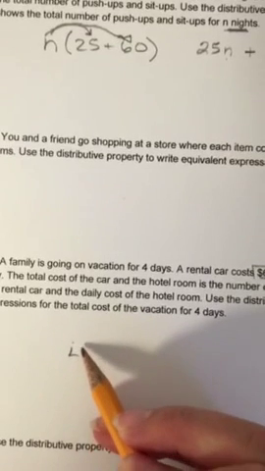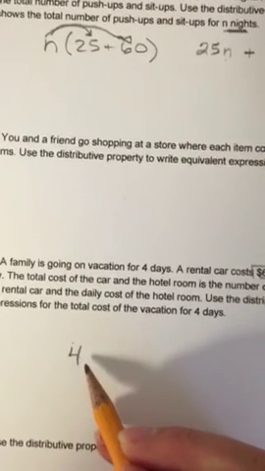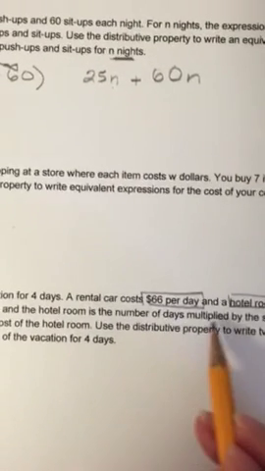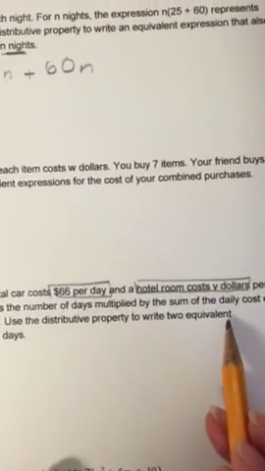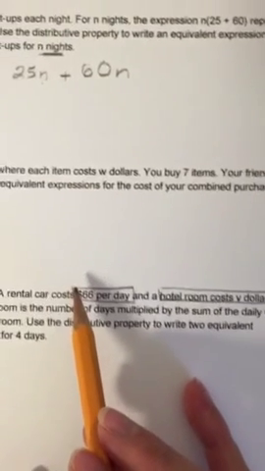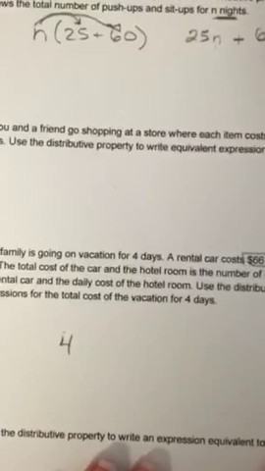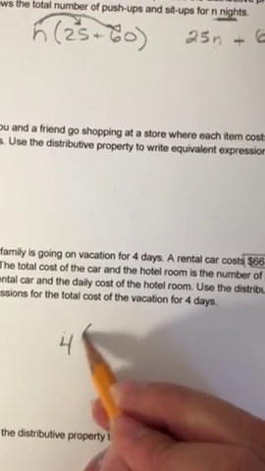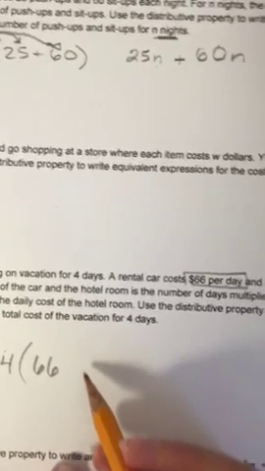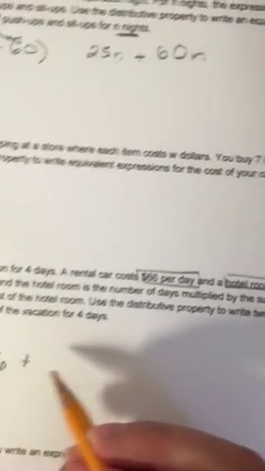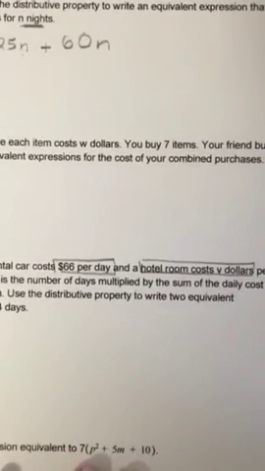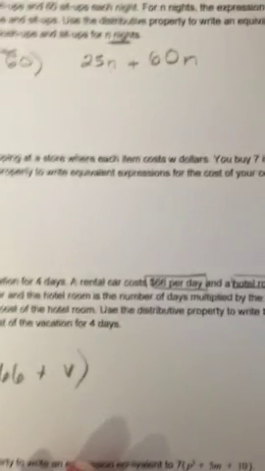So we know we're going for 4 days, so they said it's the number of days multiplied by the sum of the cost of the hotel room and the rental car. So I'm going to say it's 4 times the quantity $66 per day for the car, plus V dollars for the hotel room, because they didn't give us a specific amount. So that's my first expression.